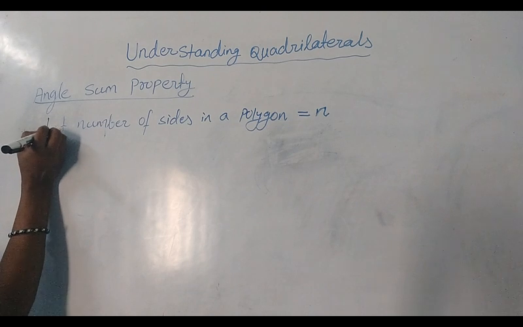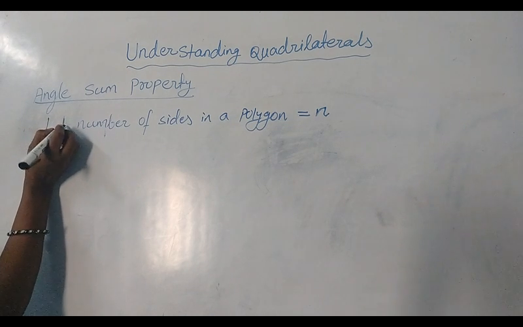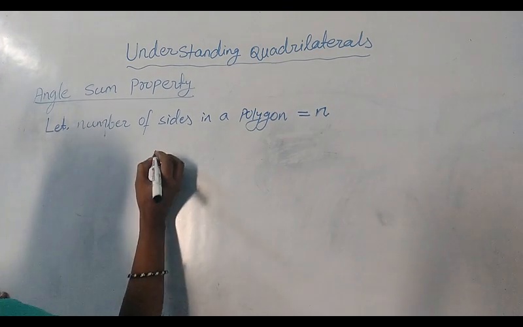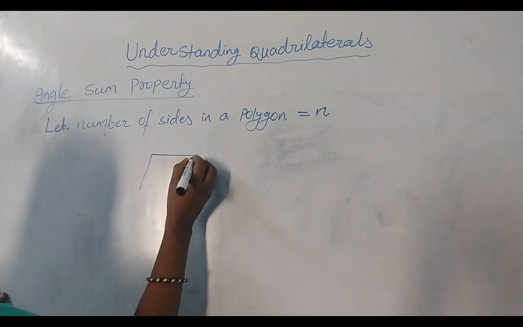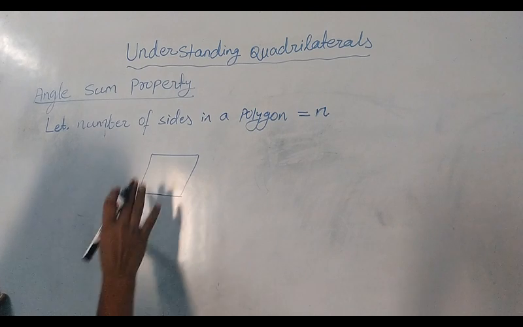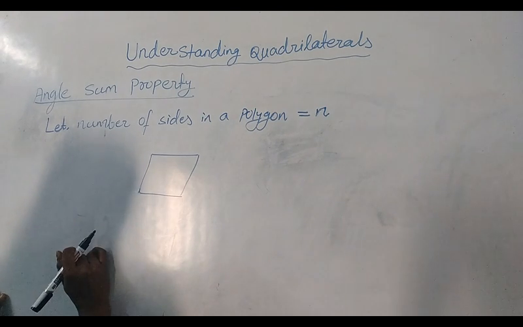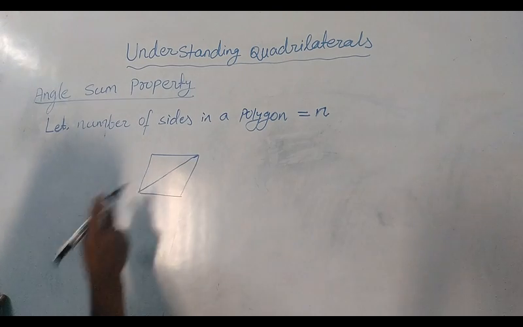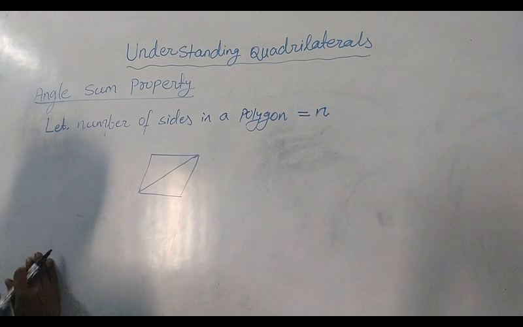So when the number of sides in a polygon is n, then how many triangles can we prepare there? Suppose we take a quadrilateral, then how many triangles can we make inside? When we join the diagonal, we have two triangles.